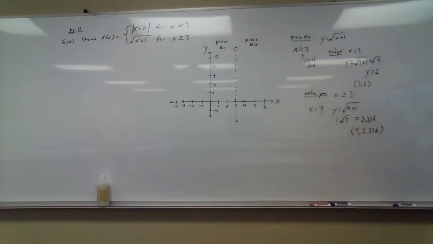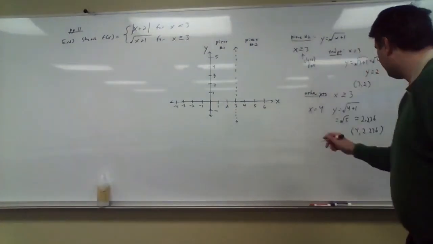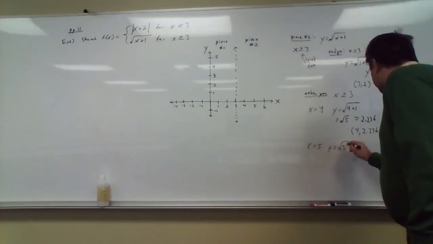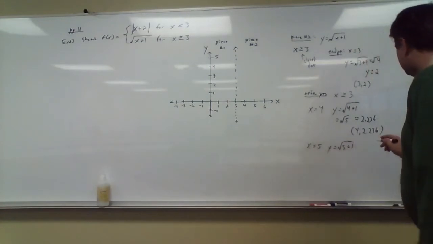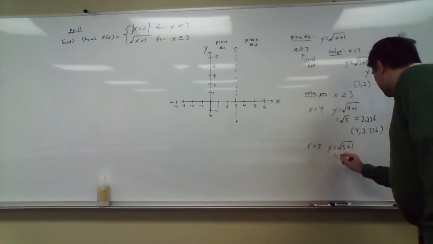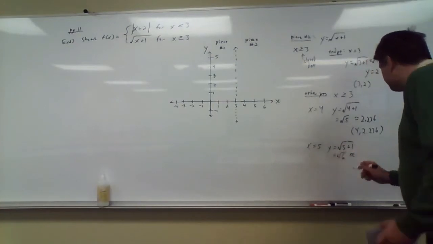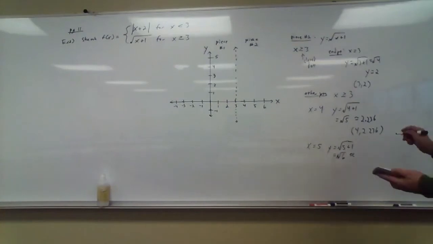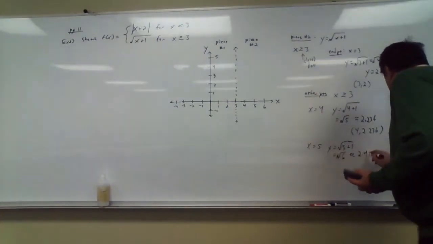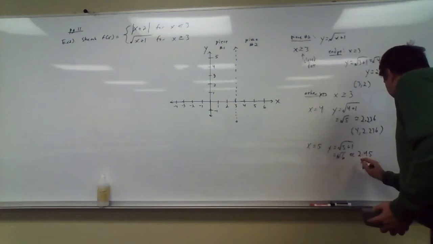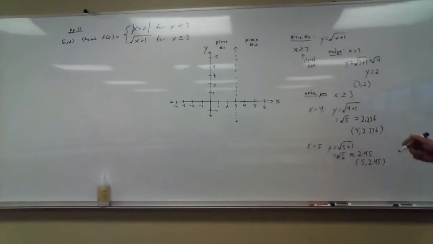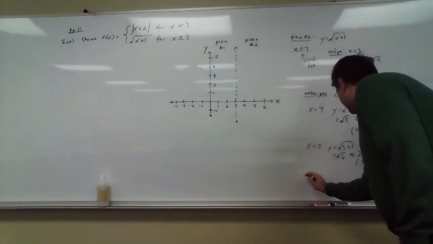So there's another point. Next we'll do 5. y equals the square root of 5 plus 1, which is the square root of 6, which is approximately 2.45. So that's going to give me (5, 2.45). We can go ahead and plot these, but I'm going to hold off until we get this piece done.